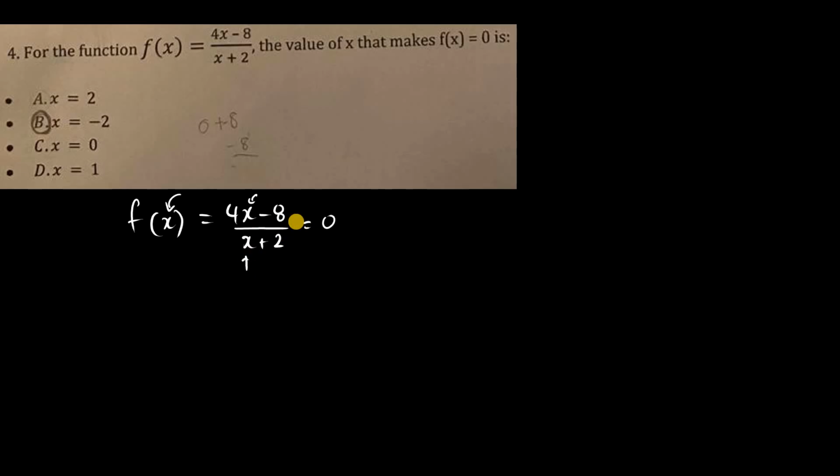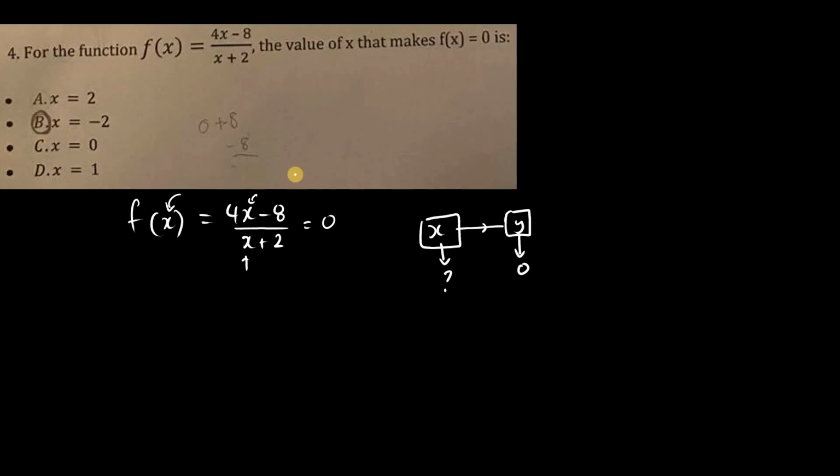The output will be 0. So we input the particular x value, get a particular y value. What will be the x value we enter so that the output value would be 0? That's basically what it's saying here.